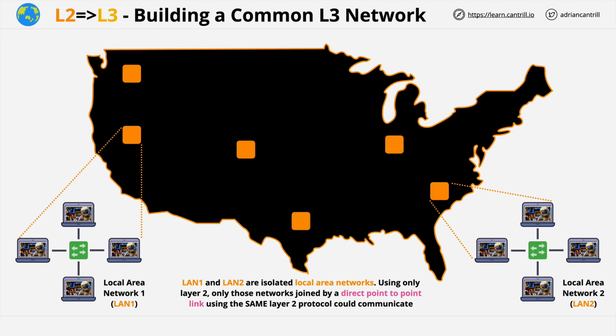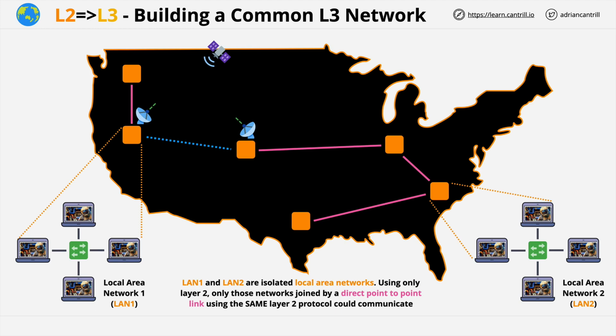Now in between these locations, let's add some point-to-point links. So we've got links in pink which are cabled connections, and these go between these different locations. Now we also might have point-to-point links which use a different layer 2 protocol. In this example, let's say that we had a satellite connection between 2 of these locations. This is in blue and this is a different layer 2 technology.